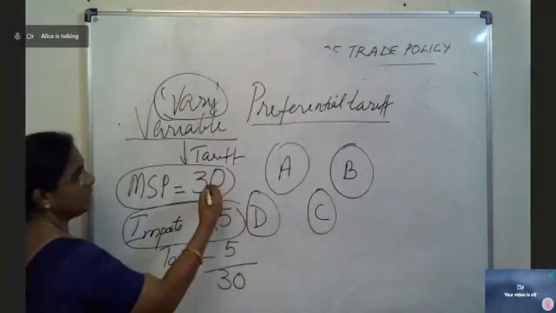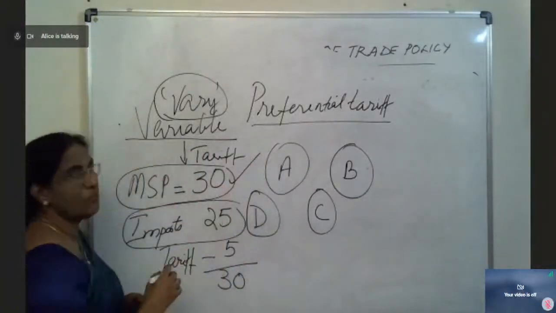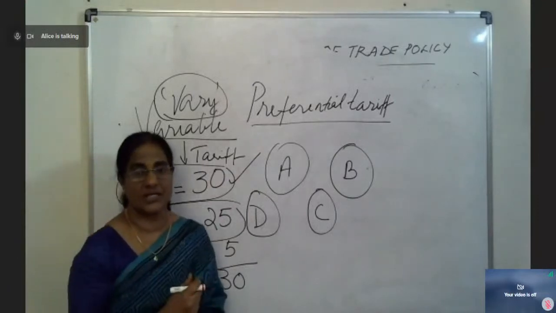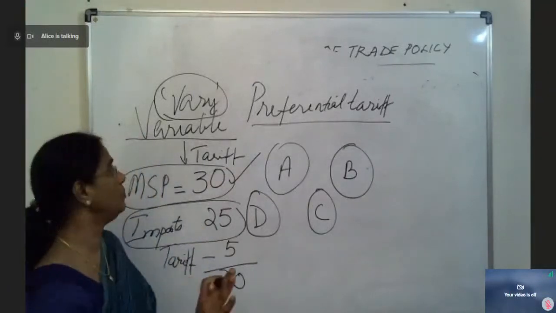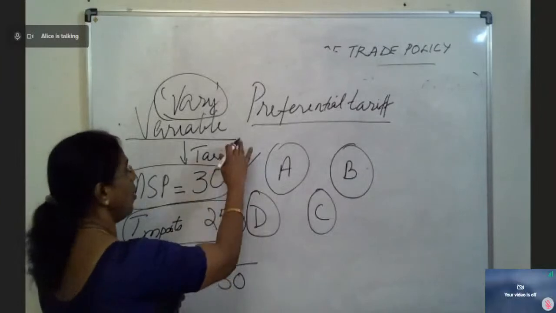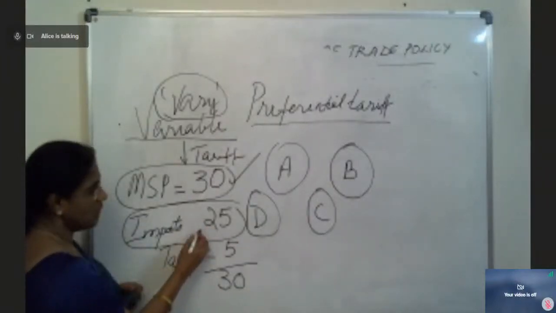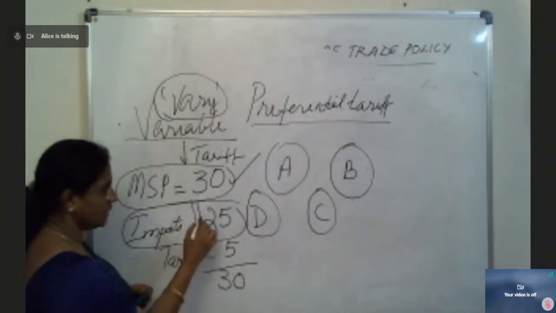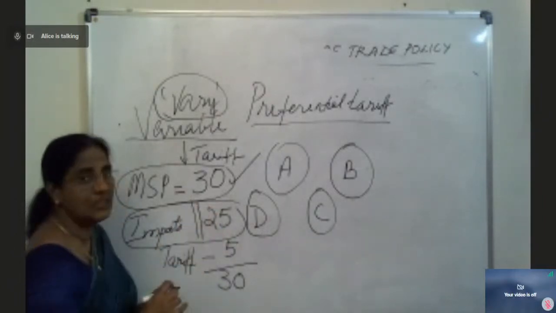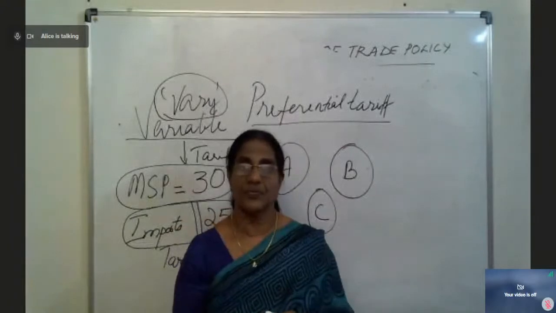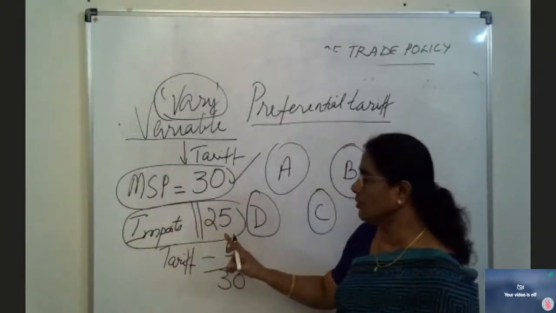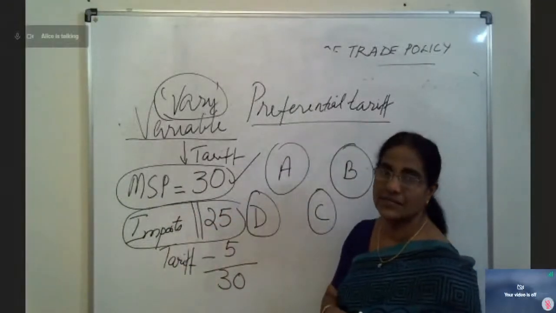Say for example, wheat has a minimum support price in India of 30 rupees. Suppose imports of American wheat, very highly productive, America sells wheat at 25 rupees. What will happen to the Indian wheat? Come on, all of us will run and buy American wheat, isn't it?